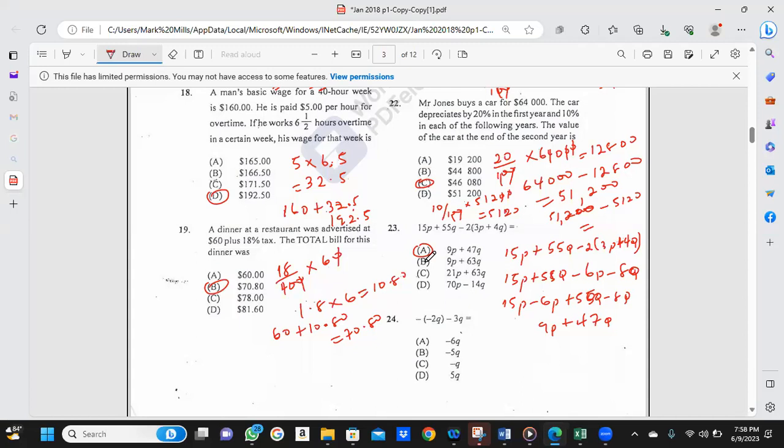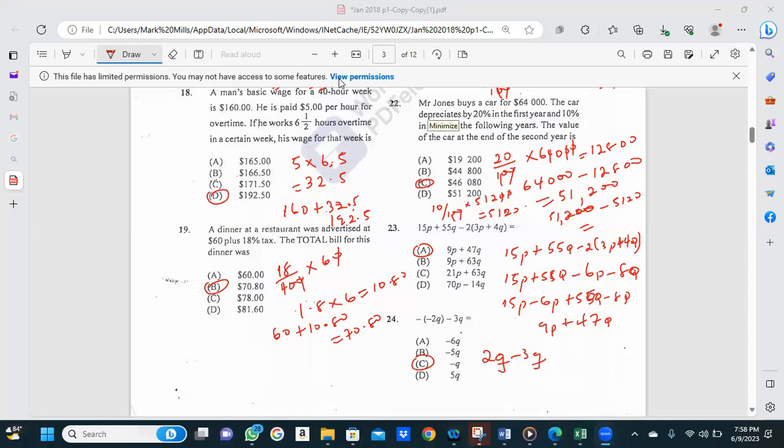Give me a minute, guys. All right, so for this one here, we have two negatives here. So that will give you 2q minus 3q. So that gives you negative q. You get that? Yes, sir.